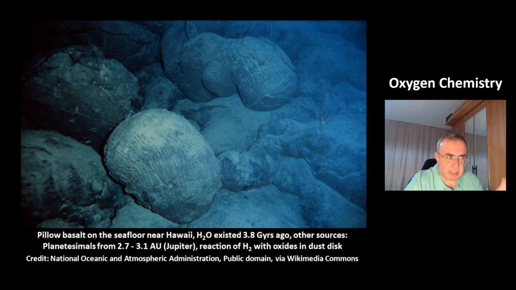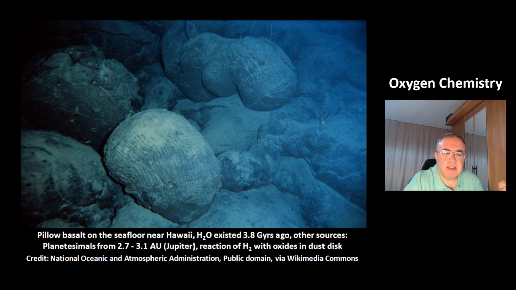They were deflected by the giant planet Jupiter. And this was only possible because Jupiter has a slightly eccentric orbit of 5%. That deflected these planetesimals into the inner solar system, and some of them crashed into Earth and brought the water.